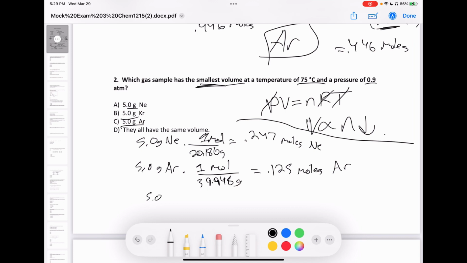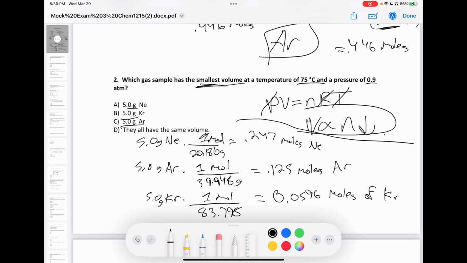And then you can kind of see what's going to happen with krypton. Since it's the heaviest, you'll have the least amount of moles. 1 mole, and the molar mass for krypton is 83.798. So if we do that, that will give us 0.0596 moles of krypton.